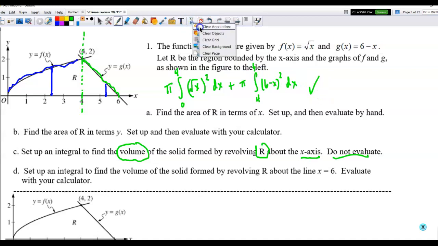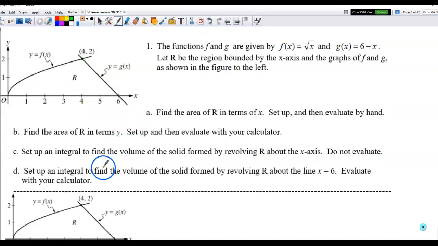Letter D, set up an integral to find the volume of the solid region R revolved around the line x equal to 6. So if I put in the line x equal to 6, which is right here, this puts the problem in terms of y.